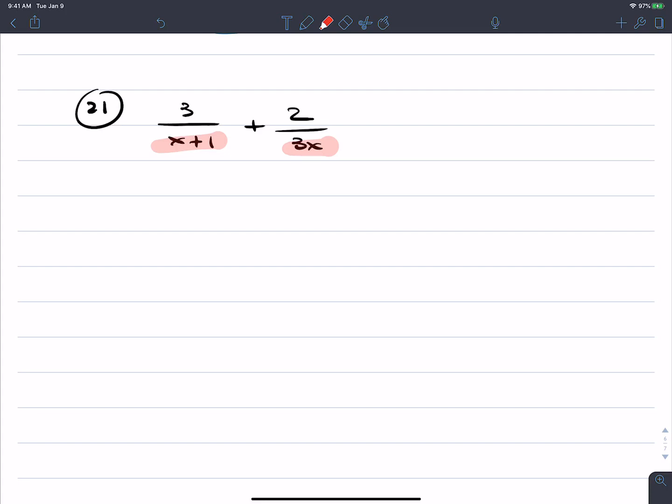We have x plus 1 and we have 3x. In some sense, we can think of both of them as prime, not factorable. But we have to be careful with the one on the right here, because 3x as a term is factorable. It's 3 as a prime, x as a prime, so 3 times x is 3x.